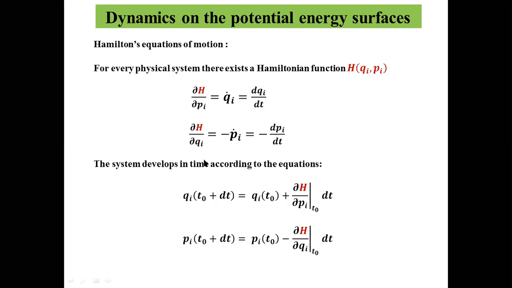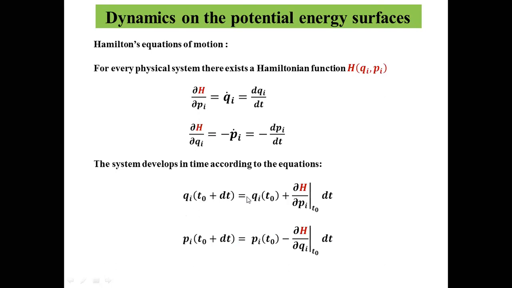And these two are the equations for Hamilton's equations of motion. Now, when the system develops in time, we solve according to this equation. So this is the position, or the generalized coordinate, at time t plus dt. Here I'm taking the reference time t0 plus dt.